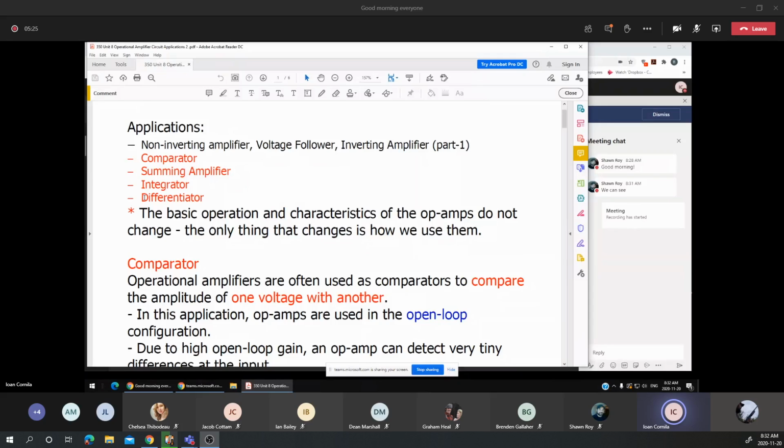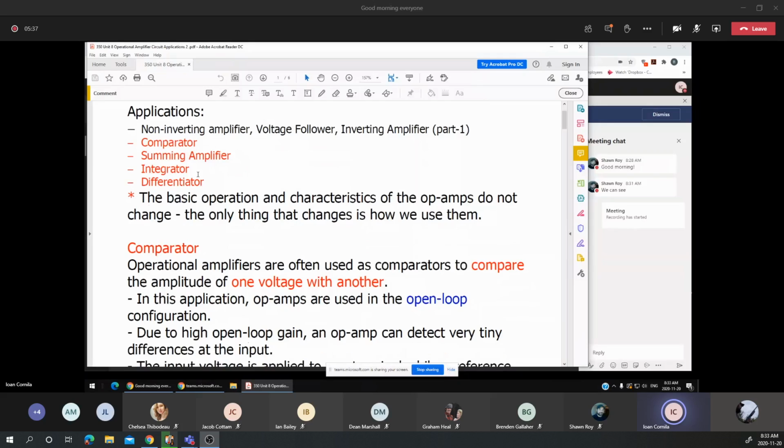There are hundreds of applications of the op-amps, but I'll focus on just a few of them, because most of the applications derive from one of these basic applications or an alteration of them.